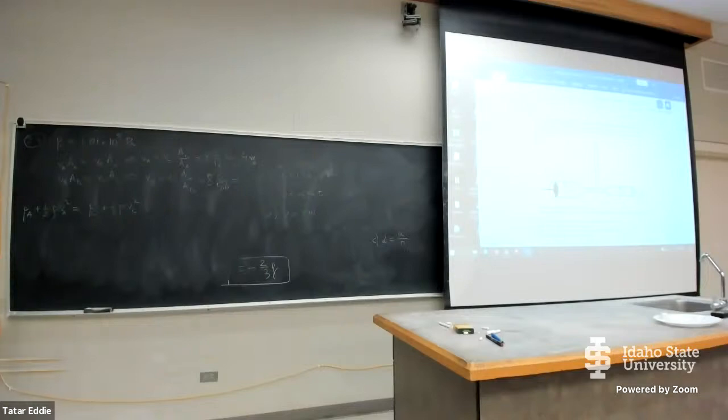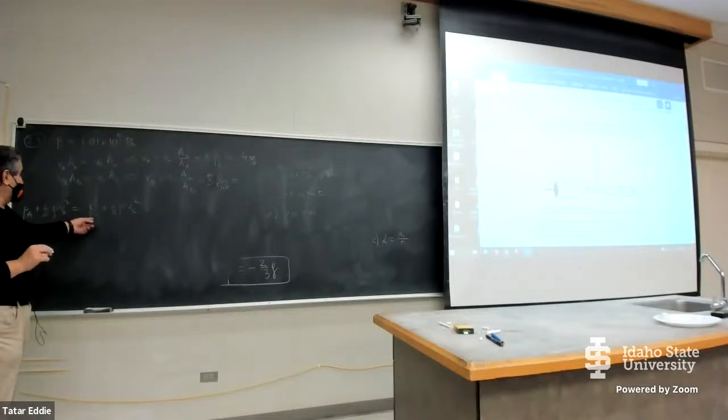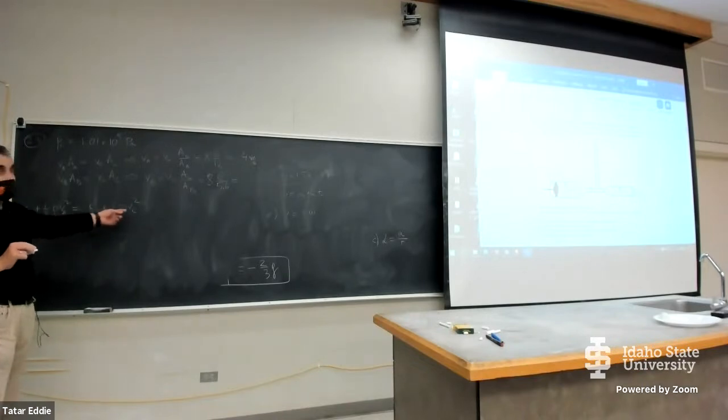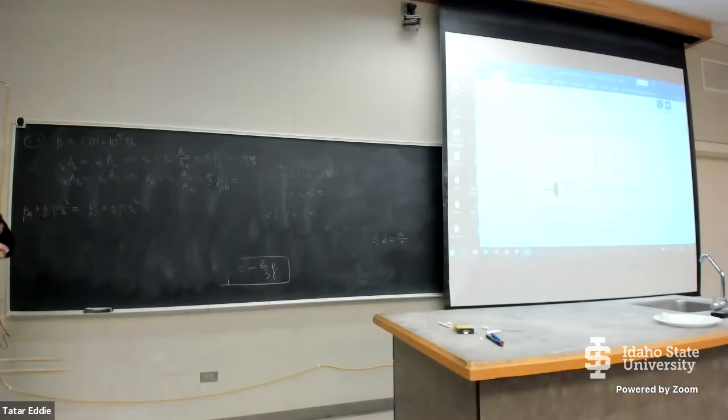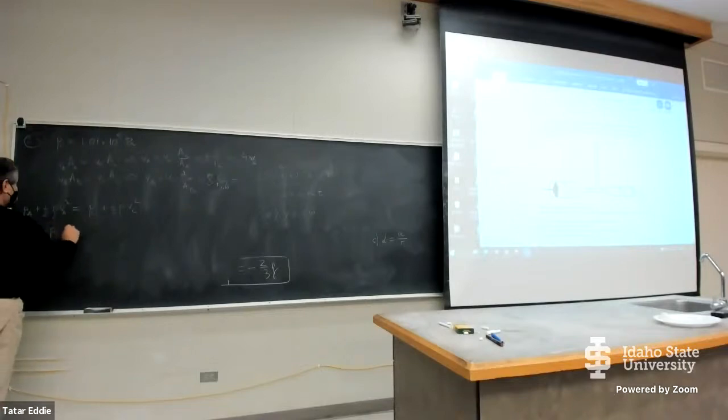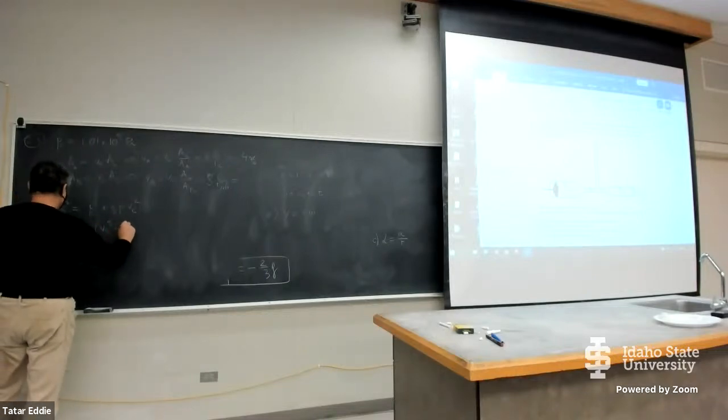And here you know everything. Pressure at point C is the atmospheric pressure. The velocities you just calculated. Density of mercury is given. From here you find the pressure at point A. So you say pressure at point A is pressure at point C plus 1/2 rho times VC squared minus VA squared.